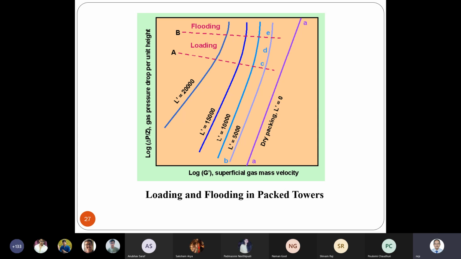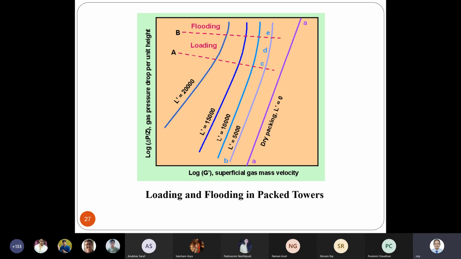Generally, our objective is to operate the tower either below this loading line or at most towards the lower region of this loading, right? So always we try to operate the tower in this region. Otherwise, if you go up, there may be some problem in the instrumentation, and the gas flow rate may suddenly rise, and that will lead to flooding, right?